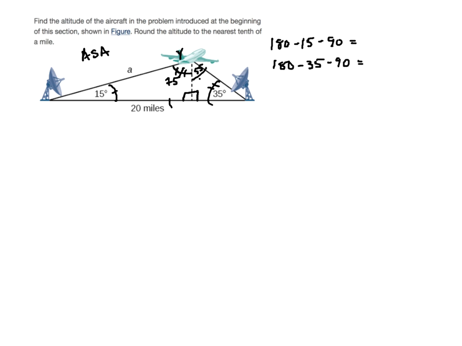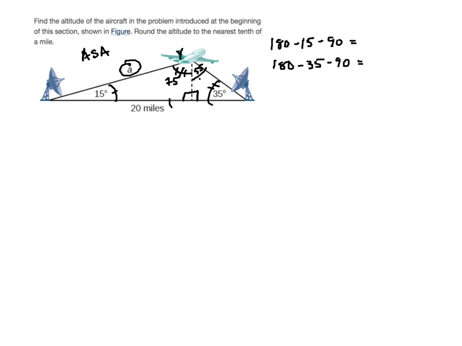Okay, so I can basically use either of my triangles. I need to know what side A is here so that I have at least one known angle, that 90-degree angle, across from a known side. So I can use the big triangle and the 35-degree angle across from that to figure that out.